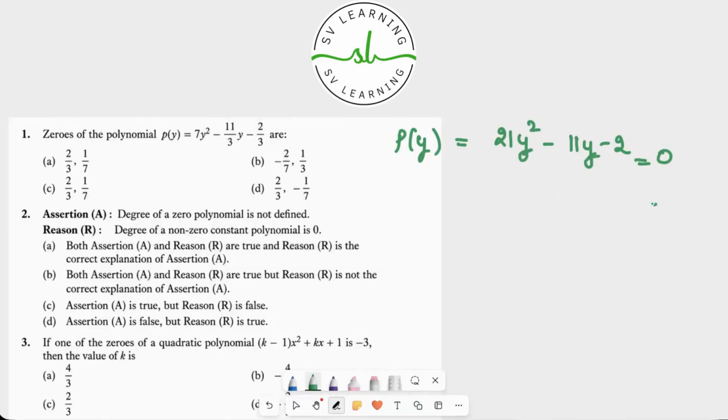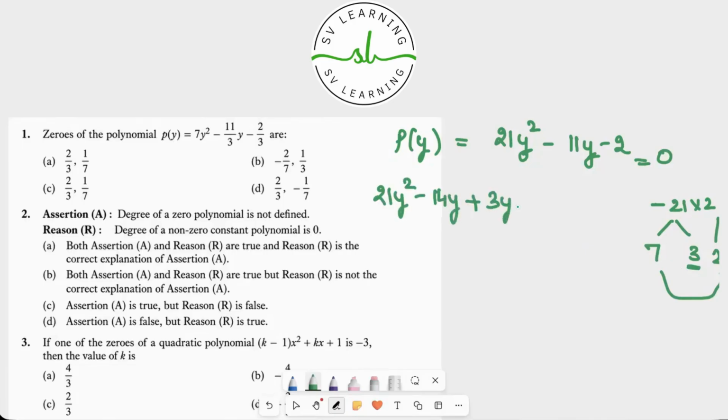Now you need minus of 21 into 2 as the product. So you need to find two numbers which add up to minus 11y and multiply up to minus 42. So you all know the way. 21 is 7, 3, and then this 2 from here. So maybe you can think of 14 and 3 here. So we can write 21y square minus 14y plus 3y minus 2 is equal to 0.